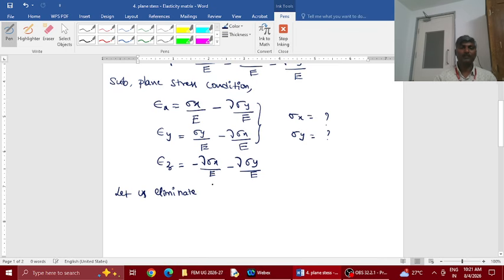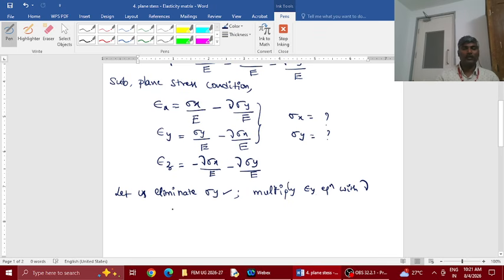Let us eliminate sigma y from the first two equations. In the first equation I have nu multiplied by sigma y by E, and in the second just sigma y by E. So I need to multiply the epsilon y equation with nu.